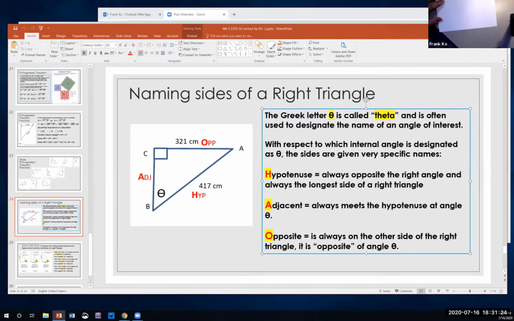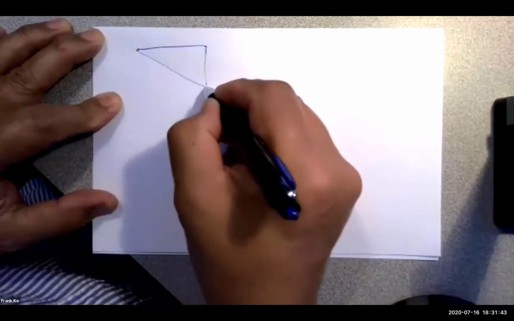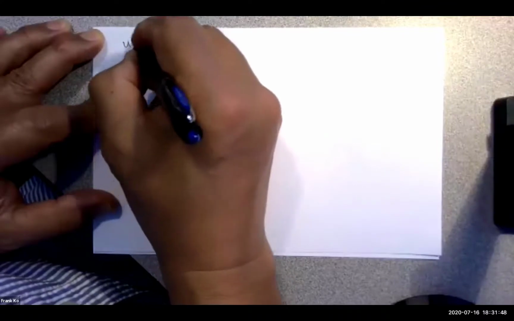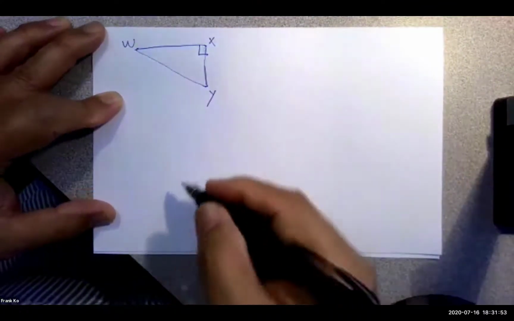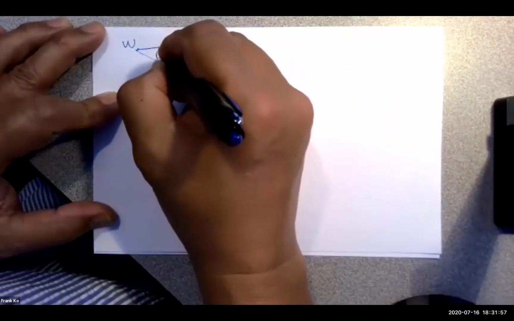So let me give you something to think about. Suppose for a moment, let me stop the share and go back to my worksheet. Here I'm going to draw a triangle. I'm going to call this WXY, and I'm going to put theta over here.